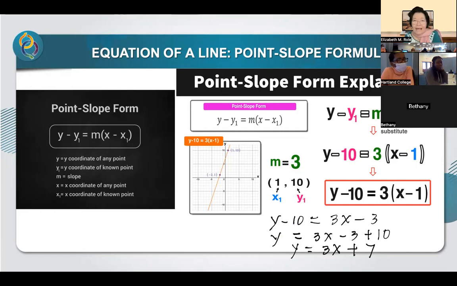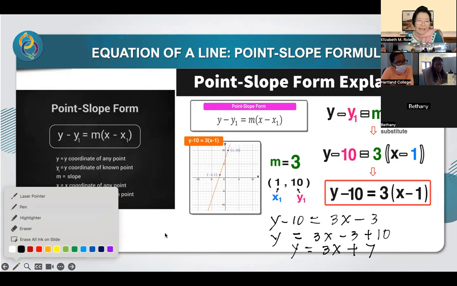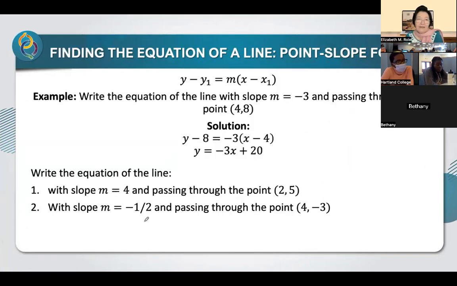Okay, so with that, then we now can find the equation. So given a point and the slope, you can find the equation of a line. Let's proceed.